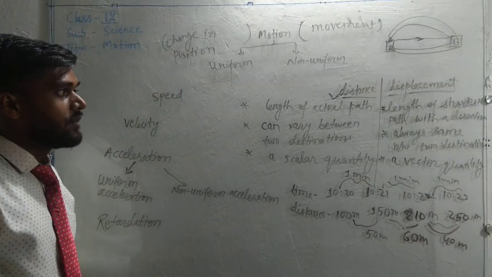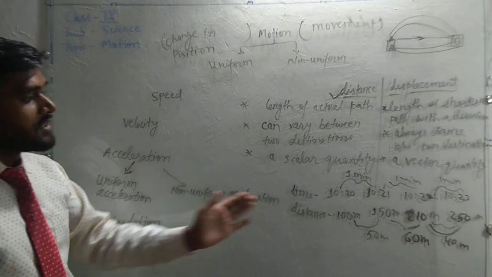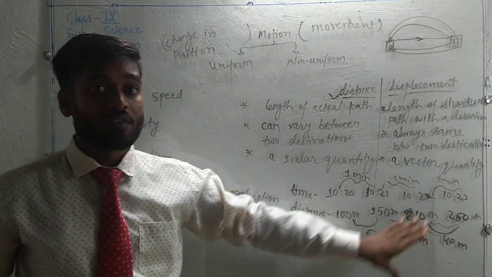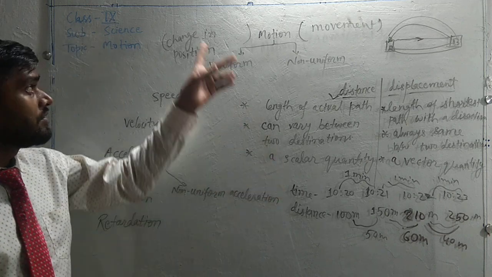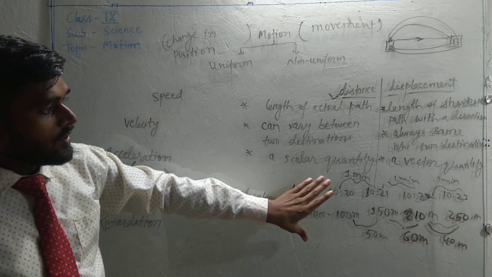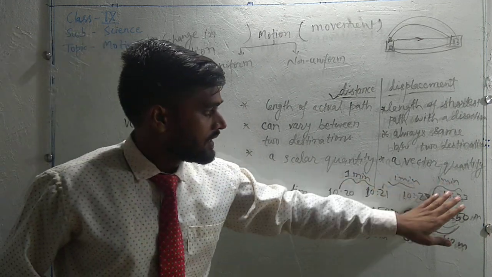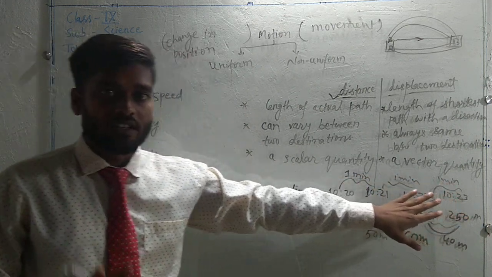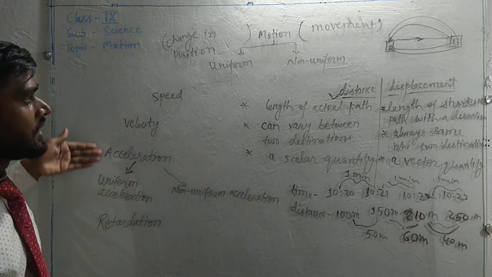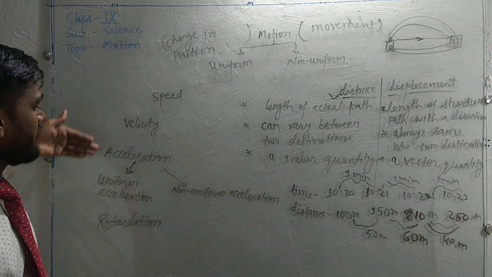Okay, now we are going to see this, as we have done measurement of motion. So when we go to measure the rate of motion, we come through these terminologies: speed, velocity, acceleration.